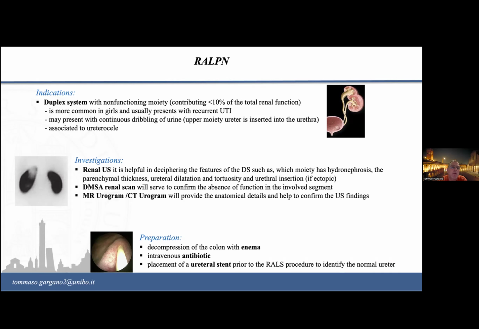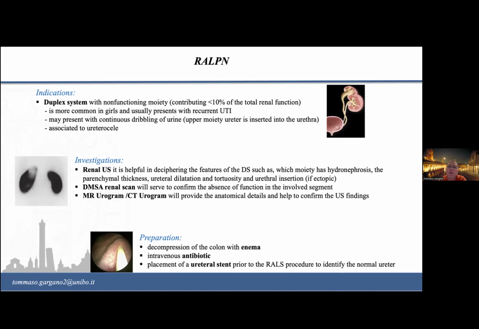Regarding the preoperative workup, it consists of renal ultrasound, which allows us to evaluate eventual hydronephrosis, parenchymal thickness, ureteral dilatation and tortuosity, and eventually ureteral insertion if ectopic.